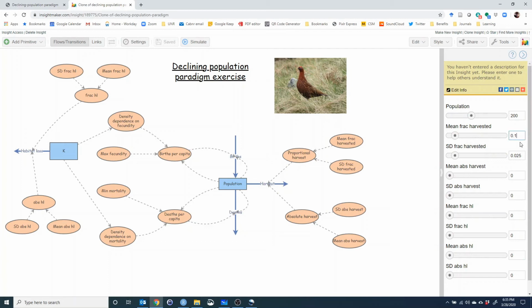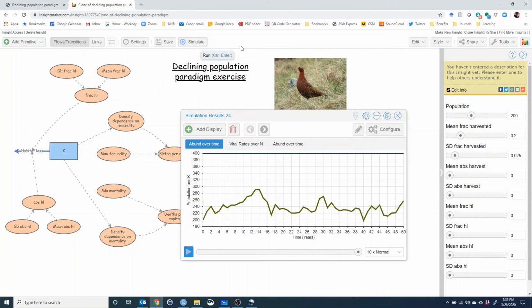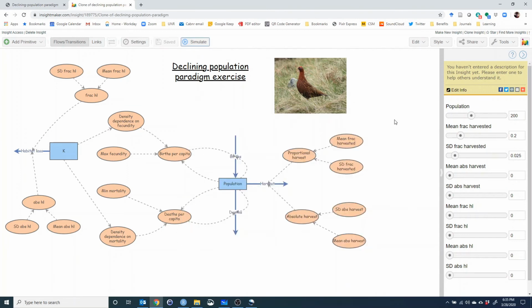All right, so let's see what happens if you start making the harvest rate higher. What if you make it 20%? Still looks okay. What I'd like you to do is to pause the video and try this scenario. Try changing the harvest rate to 40%, and I'd like you to change the standard deviation of harvest to 20%.